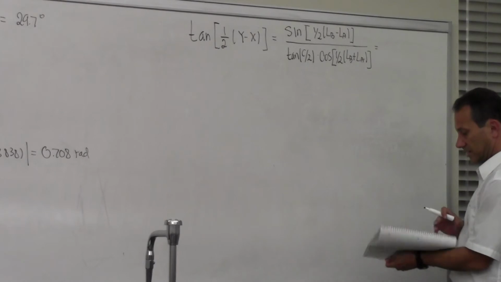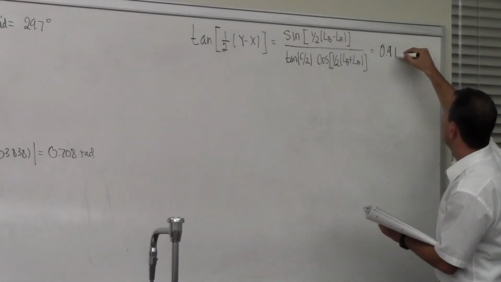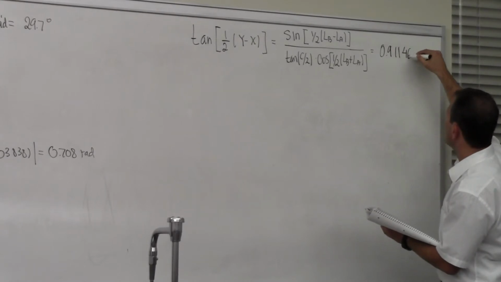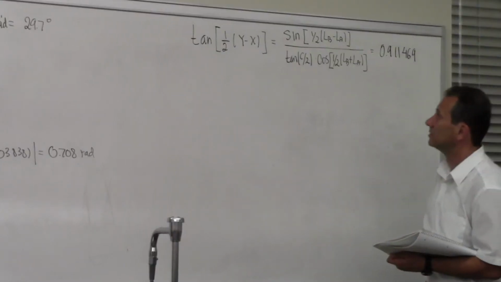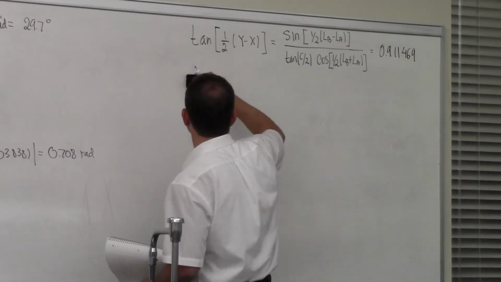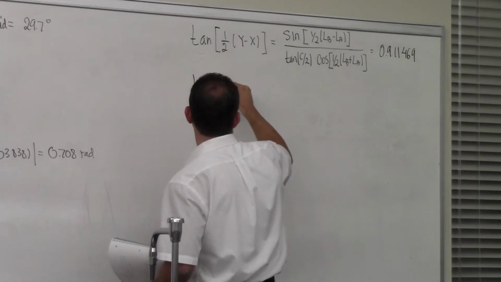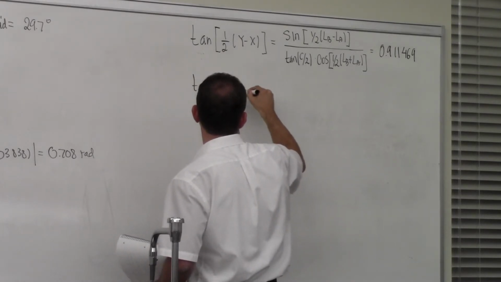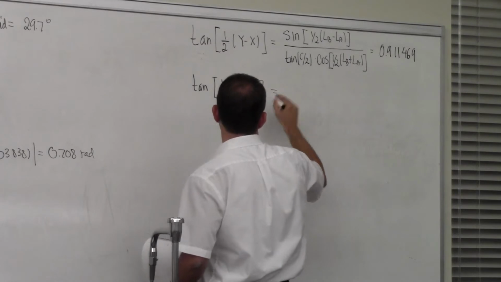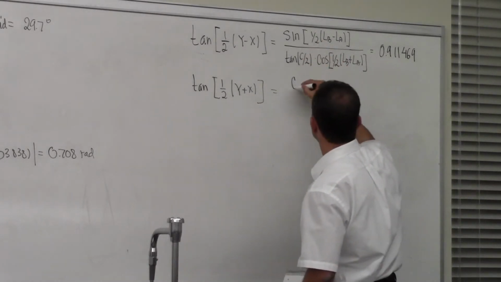And when I did that, this resulted in 0.911469. So that's the tangent of these 2 angles. And then the next equation gives you the tangent of their sum. So tangent of 1/2 (y plus x) is essentially something similar, but instead of the sine, you get cosine.